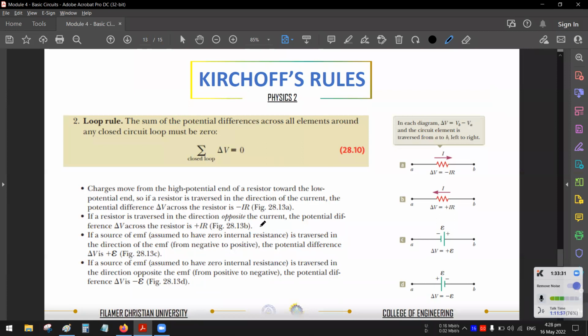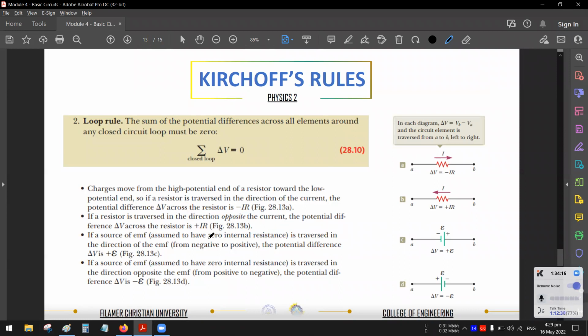You can encounter that, especially depending on the loop you used, clockwise or counterclockwise, so you may encounter a negative value sa voltage or current.